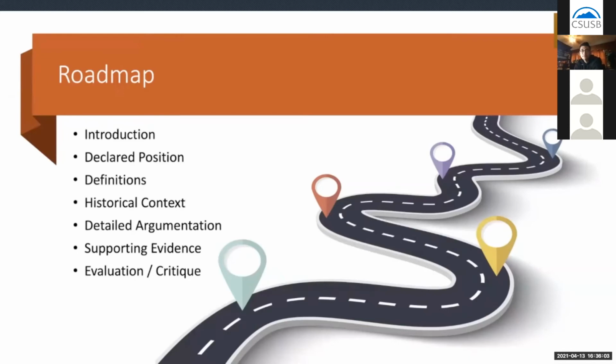Then I'll give historical context on some of the immigration policies throughout time leading up to the DACA program, and then give you insight on a couple of reasons why some are for and against DACA. Then I'll give you concrete information on the program, supporting the for and against. And then finally, I'll give you my final evaluation and critique.